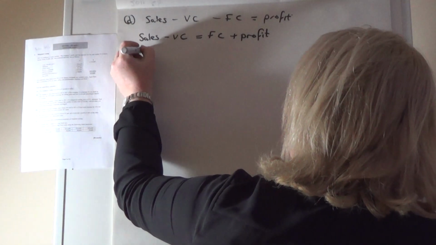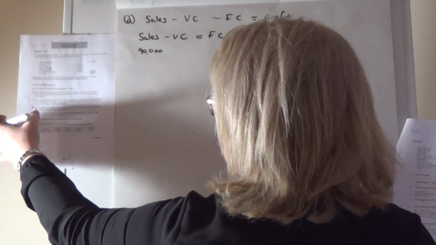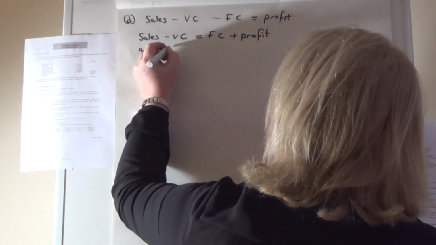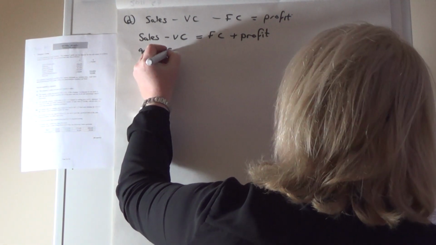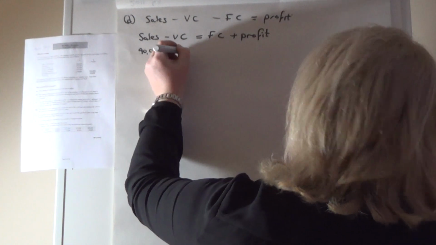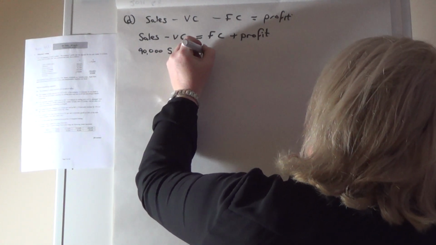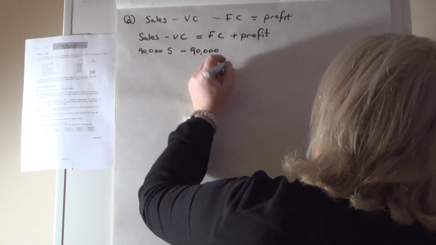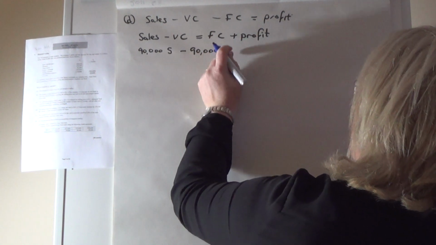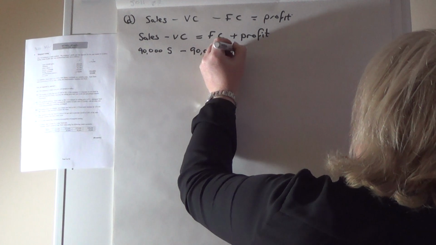So I have 90,000 in sales. Okay, so the quantity isn't changing, it's just the selling price. So I'm just going to put in there an S for the selling price. So 90,000 by S is our sales, minus, and again we have 90,000 in quantity. And we know from part C that the constant part of our variable costs was 7.32.